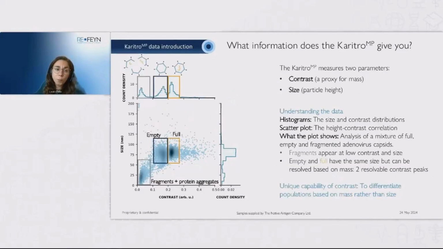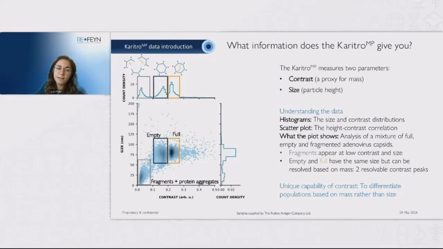Now, looking more into detail into the information that the Caritro gives you, here we have an example on the left side of the slide. We have the measurement of the contrast and particle height together, represented in this plot. So you have the horizontal axis, the x-axis, representing the contrast distribution for single particles.